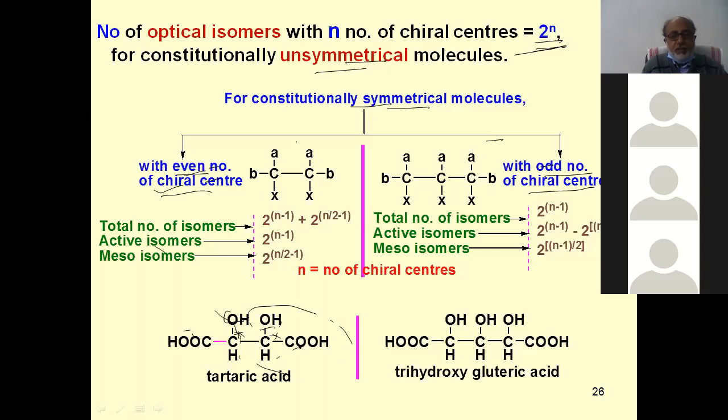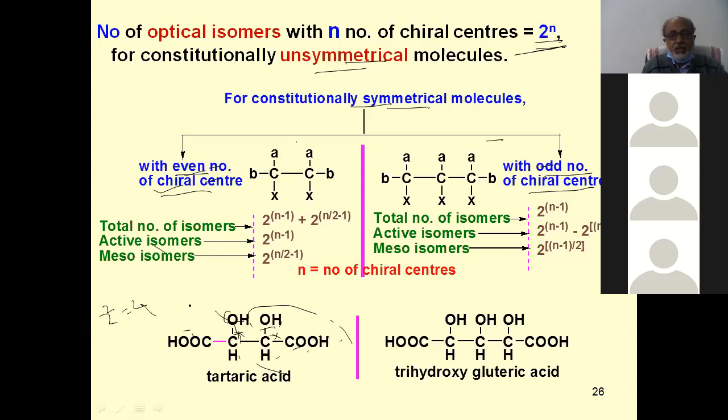So this becomes a symmetrical molecule with two chiral centers, and so this one is not going to give us 4 isomers. If there are two chiral centers, 2 to the power 2 means four isomers, but we don't get 4 isomers here.